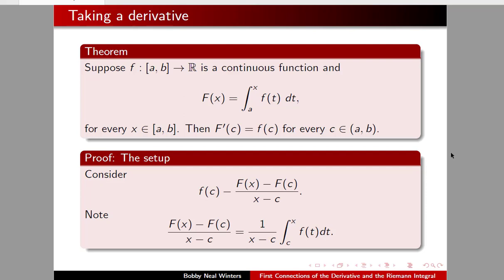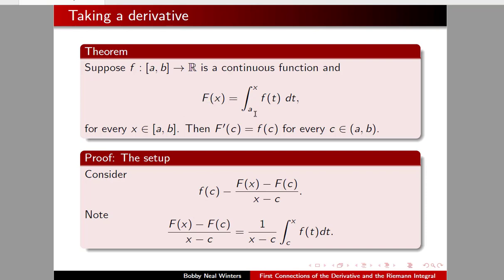We're going to apply this when we take a derivative of a very specially defined function. Take a continuous function f defined on the closed interval [a, b] going into R, and use that function f to define a new function.